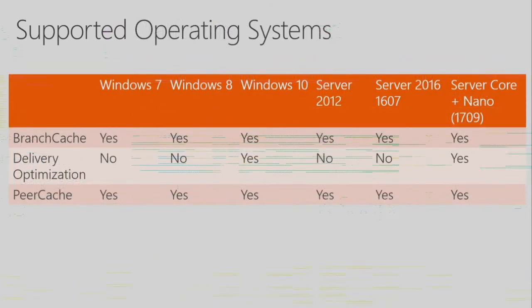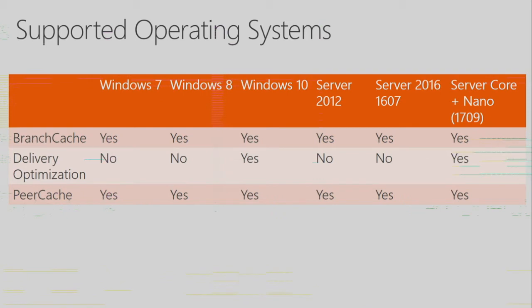In terms of operating systems, like I said, delivery optimization is a Win 10 only feature. We're continuously adding support for additional SKUs. So in 1709, we enabled delivery optimization in Server, and Server Core and Server Nano are releasing with that. And we're going to keep adding additional SKUs.